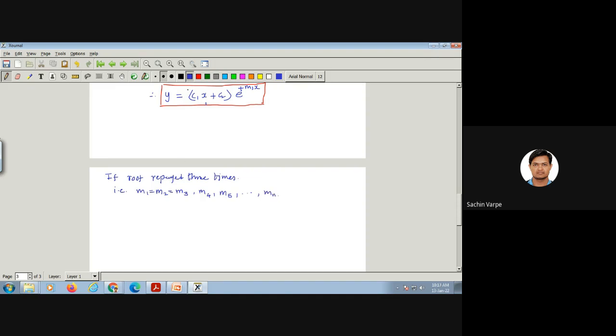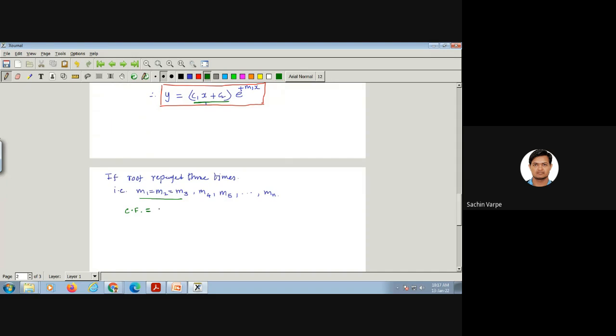So what will be the complementary function? What will be the formula for the complementary function? Can someone tell me? In case of a root repeated three times, we are going to write the three arbitrary constants like this in the bracket.